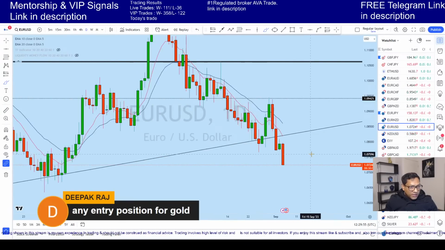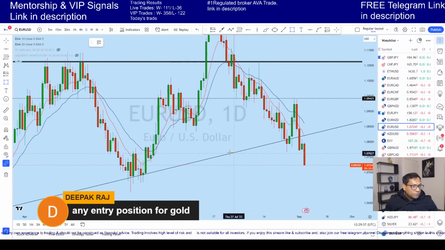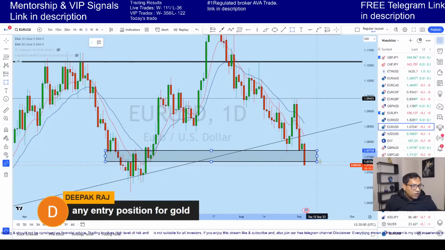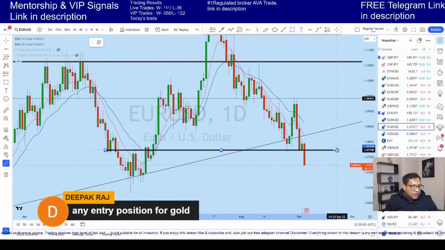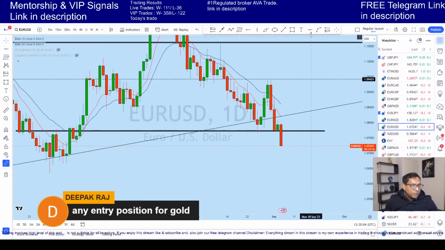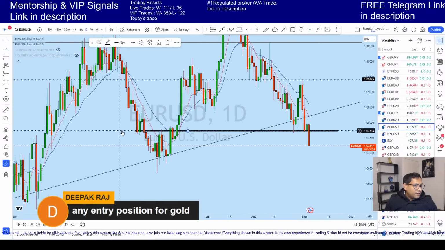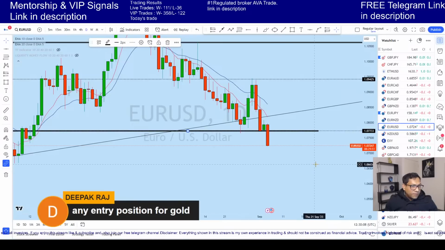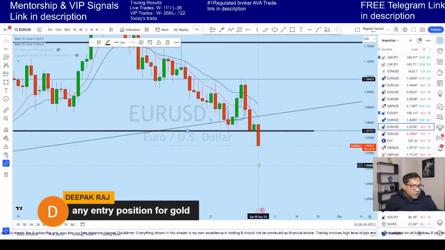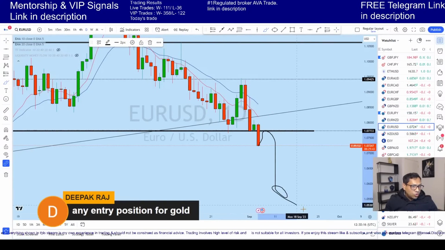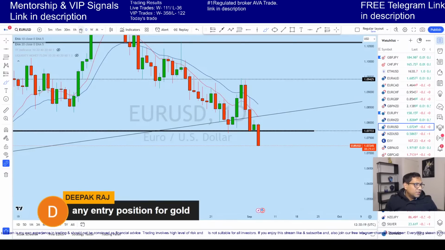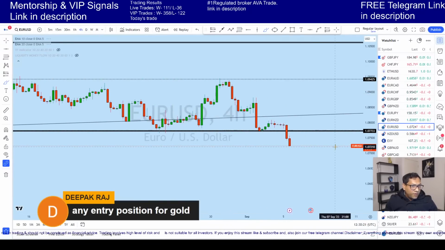So basically in that area Euro dollar has broken this support level. With that breakout from this support, Euro dollar is below this level, and we can expect it to go back up and test this, then drop, or even keep dropping from that level.